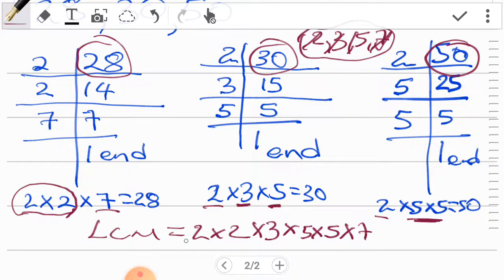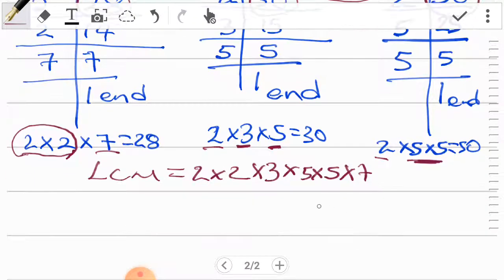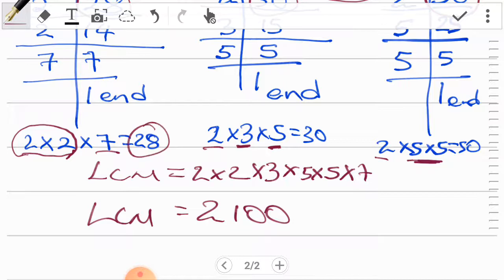When you multiply all of these together, we will get 2,100. And this is the LCM of 28, 30, and 50. The LCM is 2,100 using prime factorization.